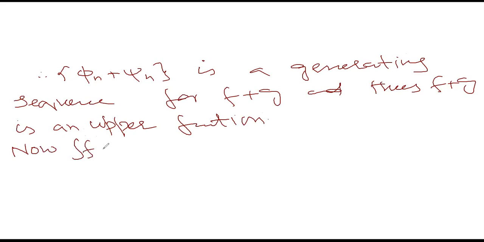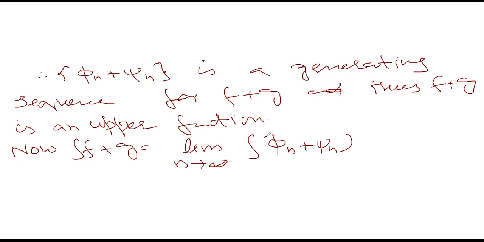Now the integral of f plus g, by definition, is equal to the limit as n approaches infinity of the integral of phi n plus psi n, because phi n plus psi n is the generating sequence for f plus g. Now we can separate the limits as in the earlier case.